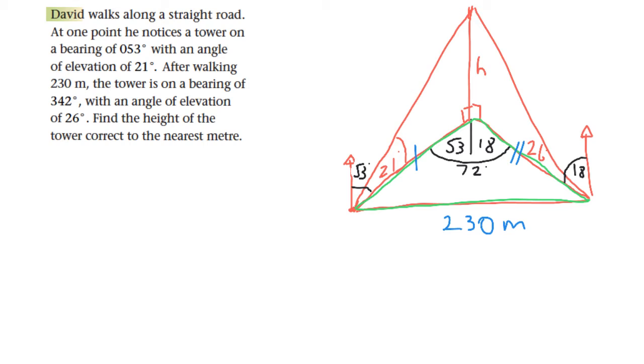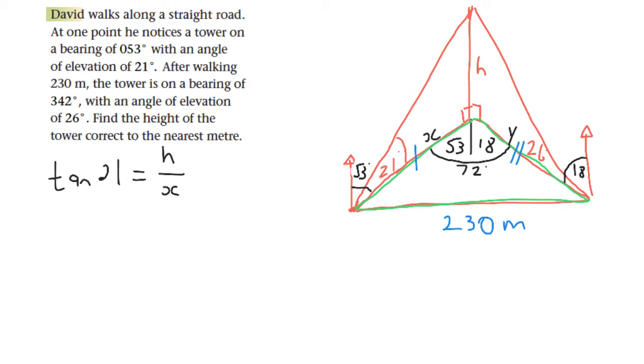Okay, so in our first triangle, the one on the left, I'm going to say that tan 21 equals our opposite h over, I'm going to call this length here x. Okay, and I'm going to call this one y. In our next triangle equals h over x.